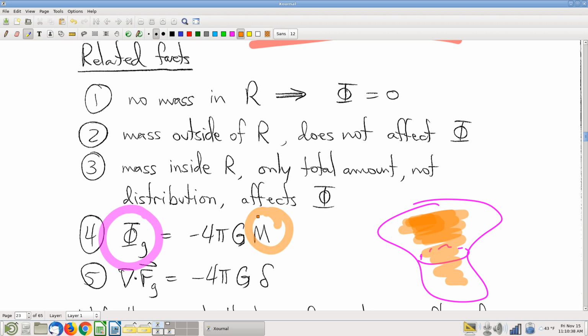The flux is negative 4 pi g, a constant that always works, times the total mass. And likewise, dividing both sides by volume, locally, the divergence is proportional to mass density in this way.